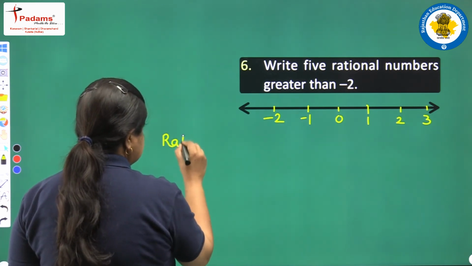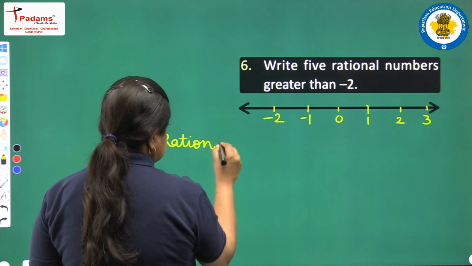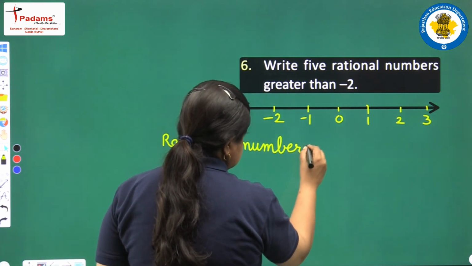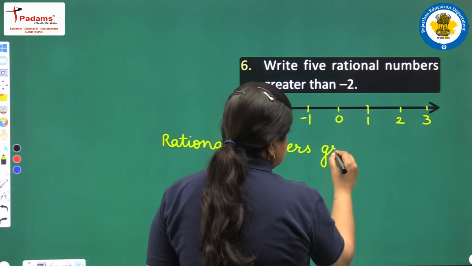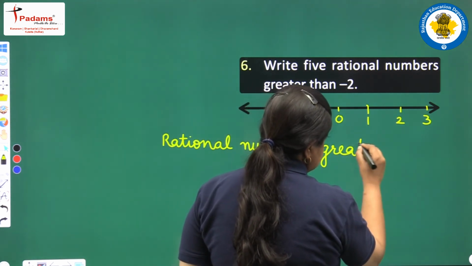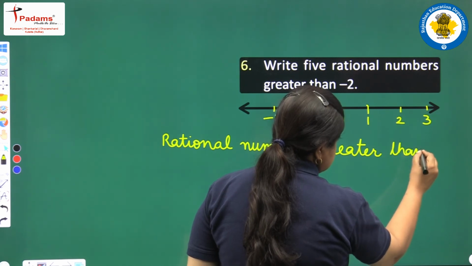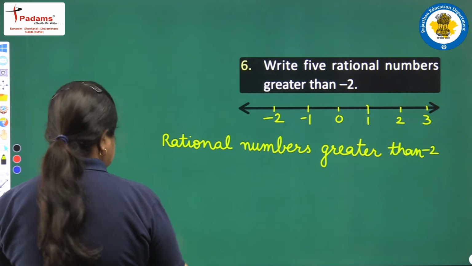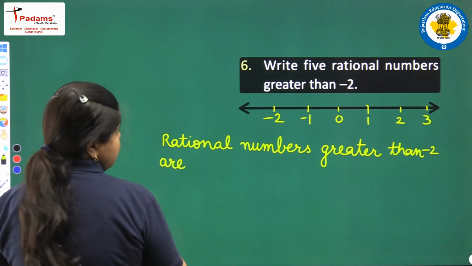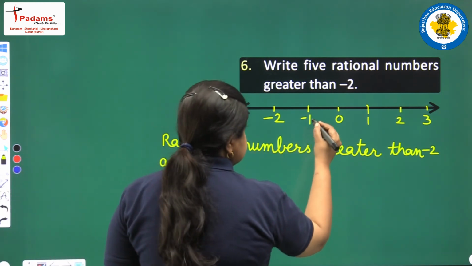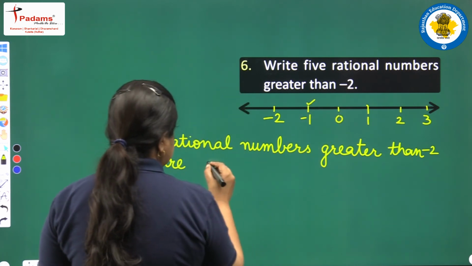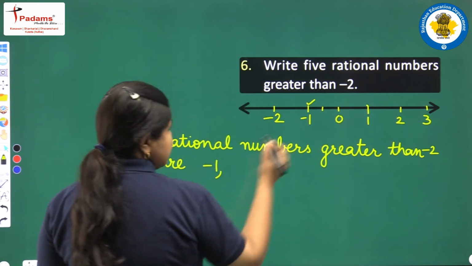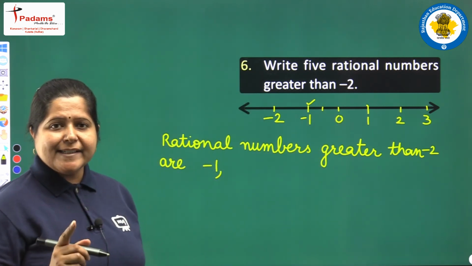Rational numbers greater than minus 2 are, we will take up this minus 1 as the first one, then we will take the number between minus 1 and 0. How will we get it?